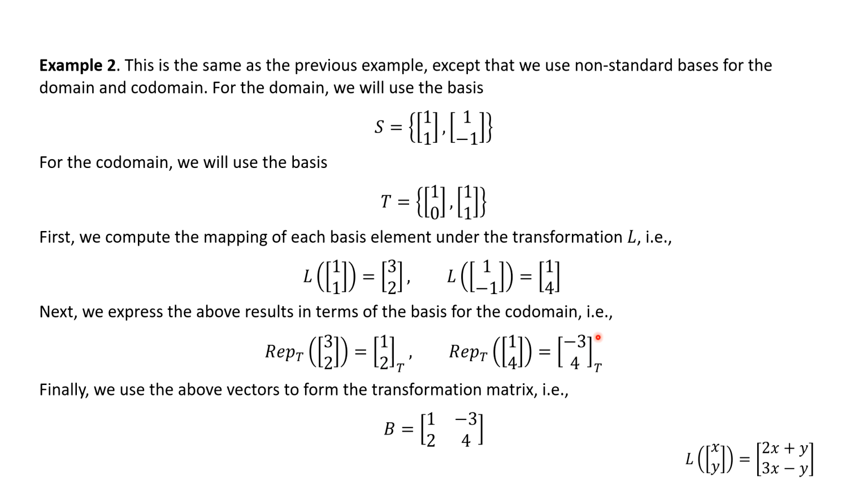That's what we use in our transformation matrix. So we take (1, 2) and (-3, 4) and put those in our matrix here. That gives us a representation of this linear transformation in terms of these bases. Let me show that in terms of an example on the next slide.